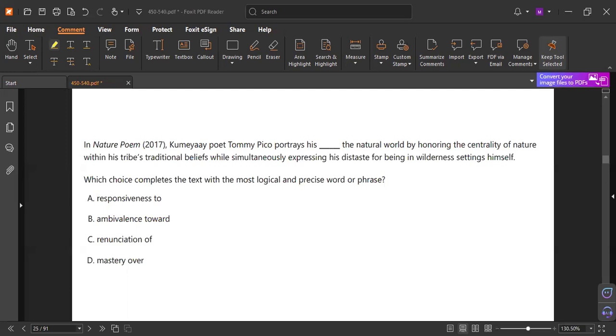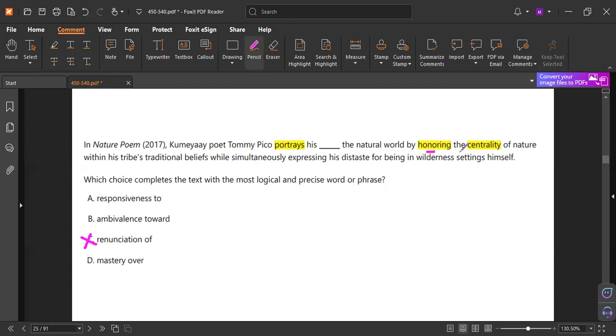Renunciation means to refuse something, but let's see what's going on. A nature poem portrays what? We don't know. Towards the natural world by honoring the centrality of nature. If we honor the centrality of nature, that means we refuse it? No.